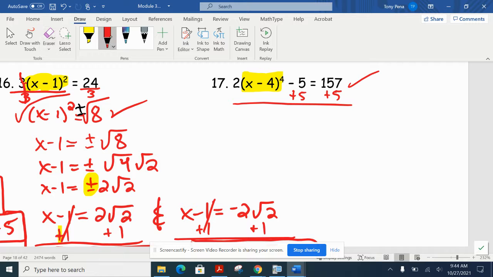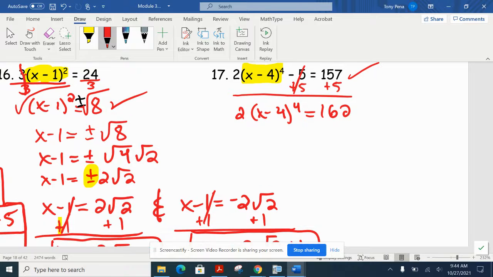What you are then left with is that 2, and then we have the parentheses to that fourth power, and that would now equal 162 as those cancel. This is now similar to the one that we just did. You cannot distribute the 2 here. So don't think I'm going to take this 2 and distribute it, because that quantity has a power to it, and we'd have to do that first.